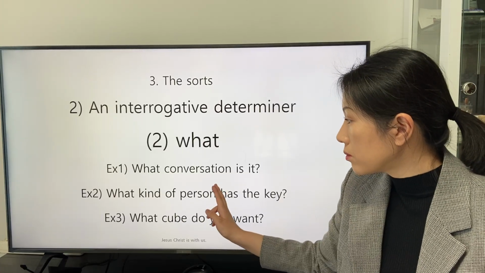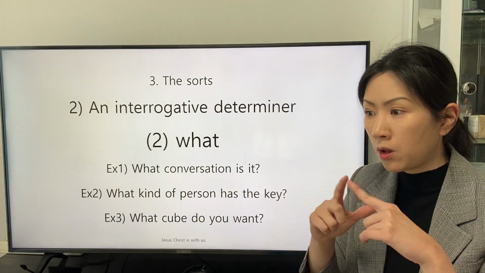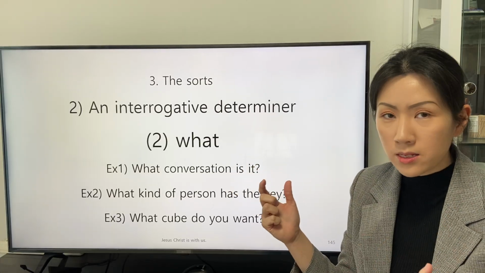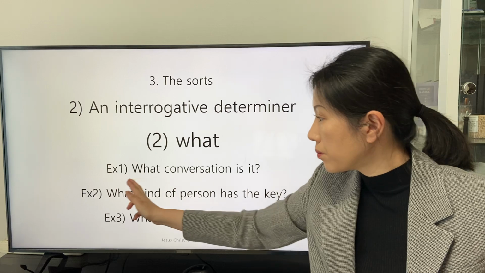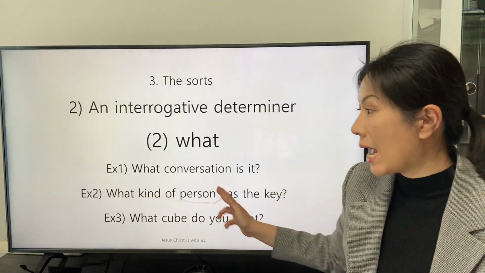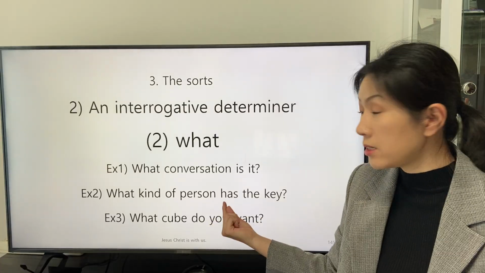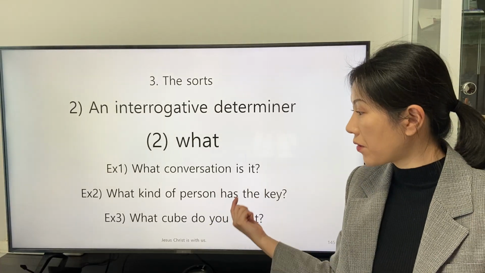And in the large scale, we can analyze the phrase of the noun, what kind of person, as the subject of the transitive verb has.